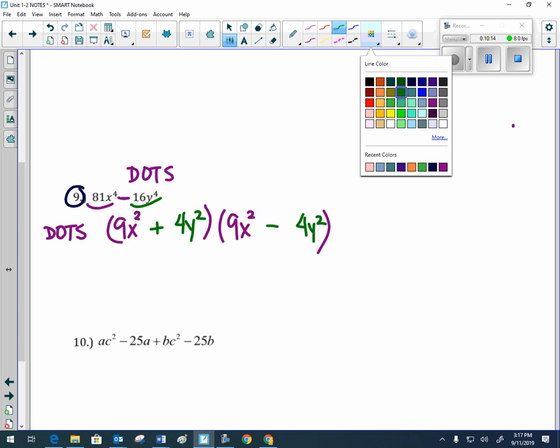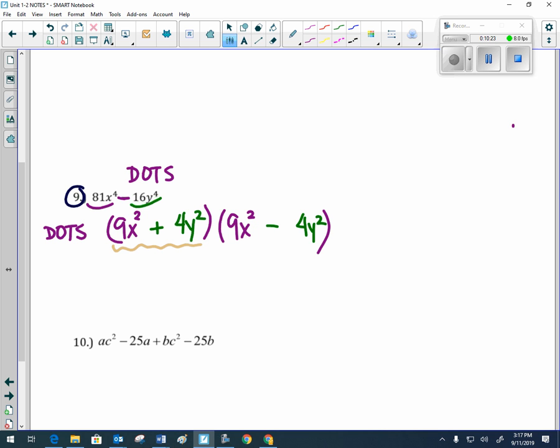When I get to this point, I look at my parentheses and I say, can anything be factored further? One of the things that I notice is that this is trying to act like a difference of squares problem, but it is not because of the plus sign, so that's going to stay exactly like it is. But when you look at the second set of parentheses, this one really is a difference of squares.